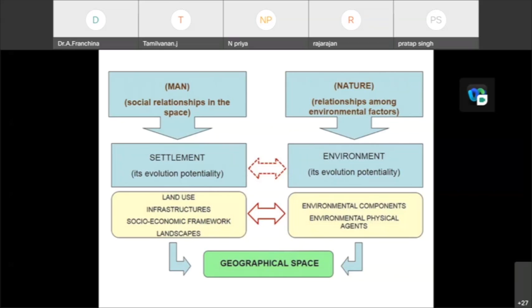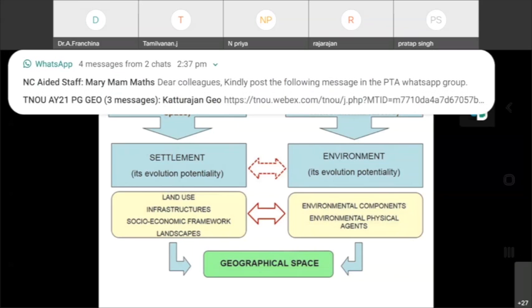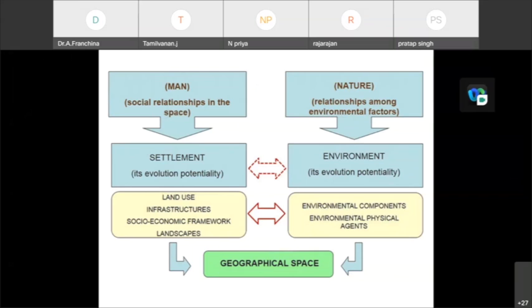The man-social relationship in the space, and nature is based on the environmental factor. So why do we need to depend on this nature? Without nature, can we live? Is it possible? No, right?